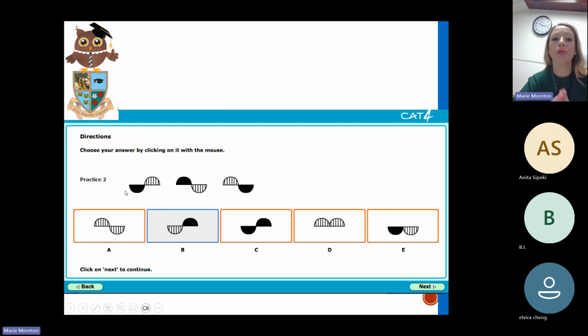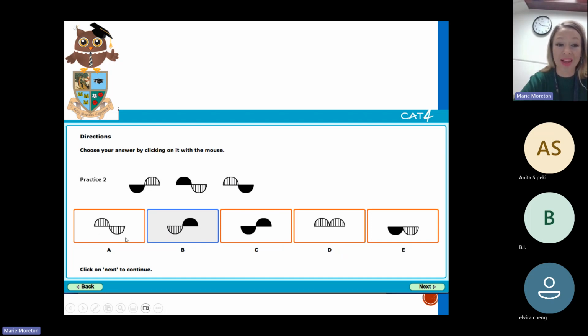Here's another example of a practice question. The children here should look at these ones, and they should recognise that these are two semicircles. There's a black one and a black and white stripy one, and they are touching on the corner and they are facing opposite ways. So they should be looking down here.